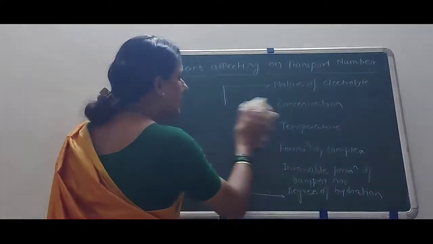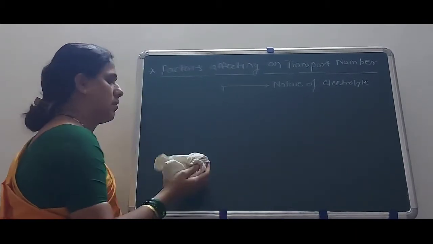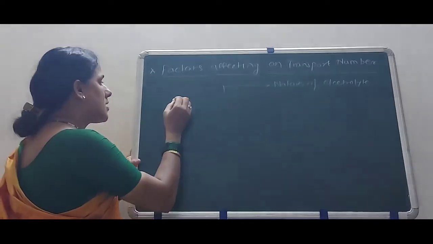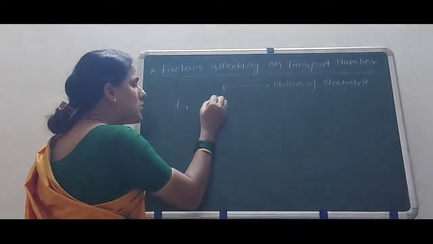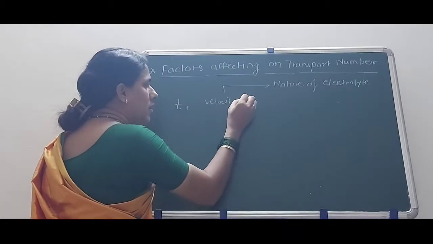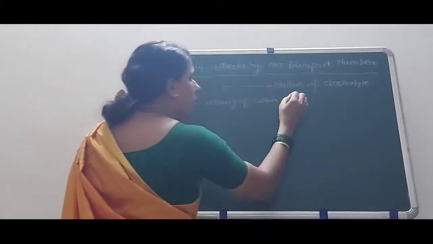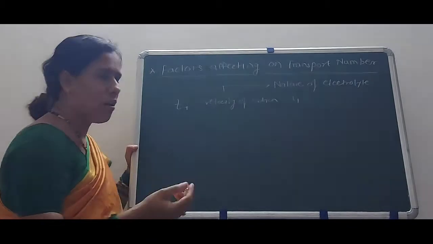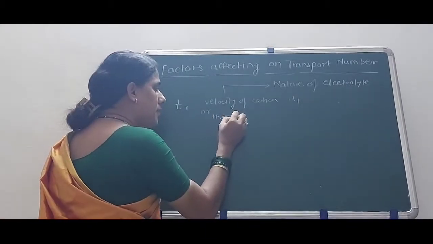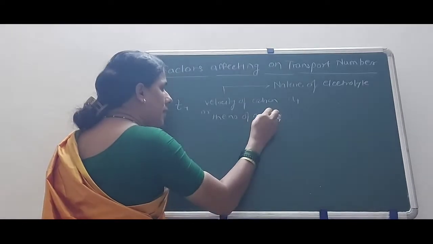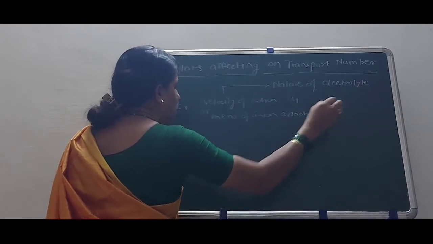See here. As I already discussed, the transport number of a cation depends upon the velocity of the cation, mu plus, or it also depends upon the number of anions attached to it.